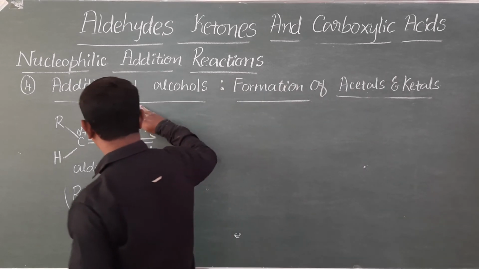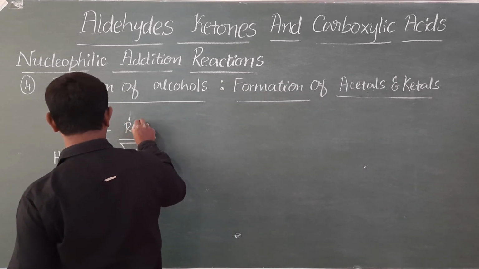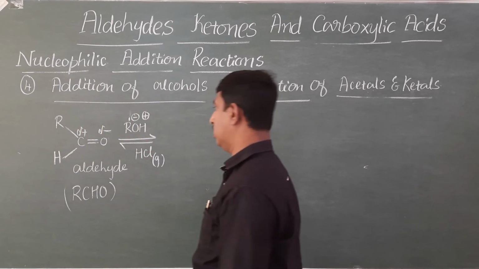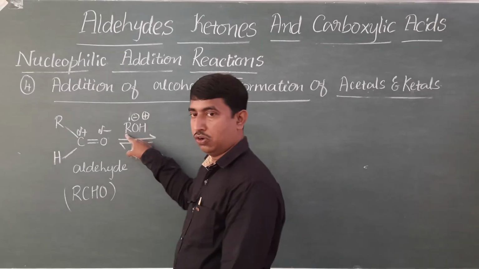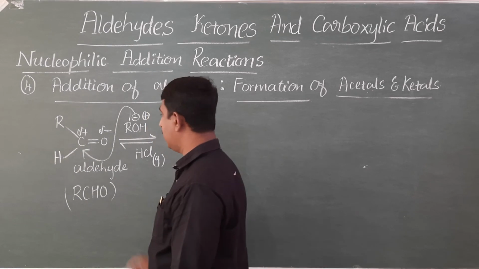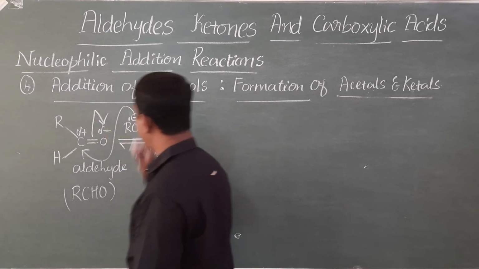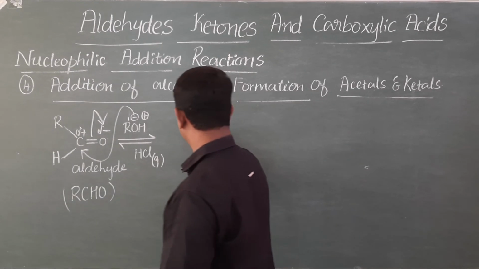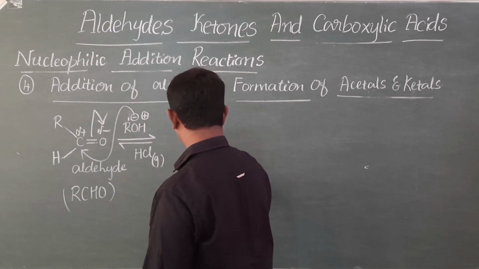I can write the charge here. This is R dash, so RO is negatively charged, and hydrogen is positively charged. So the alkoxide ion, RO minus, is the nucleophile. It attacks the carbon atom, and electrons will be shifted to oxygen. So we can write the intermediate.